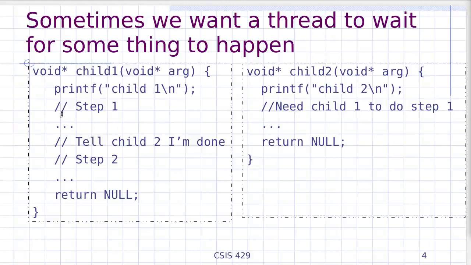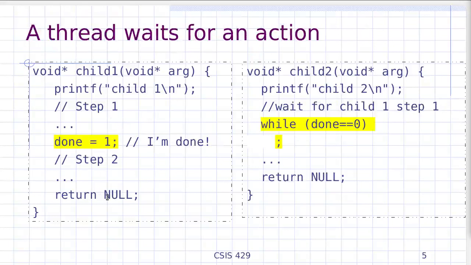So something over here was completed, and this child wants to send a signal to child 2, which is waiting for child 1 to do its step 1. Child 2 cannot proceed until child 1 is at least done with part of its job. So once child 1 completes this one step, it can somehow magically let child 2 know, and then child 2 can continue, and child 1 can also continue with whatever it's doing.